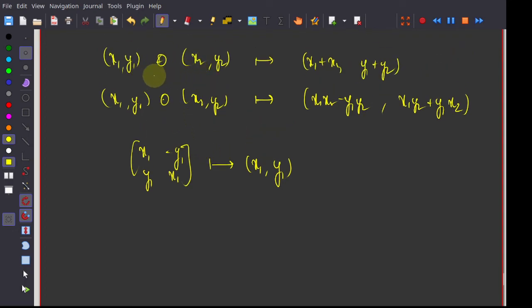That's exactly what I'm doing here. So I take these two matrices and add them up. Basically it's like adding these two pairs to get this particular pair. If I multiply these two pairs, then I get this particular pair, correct? All fine so far. Now is this something that is familiar?